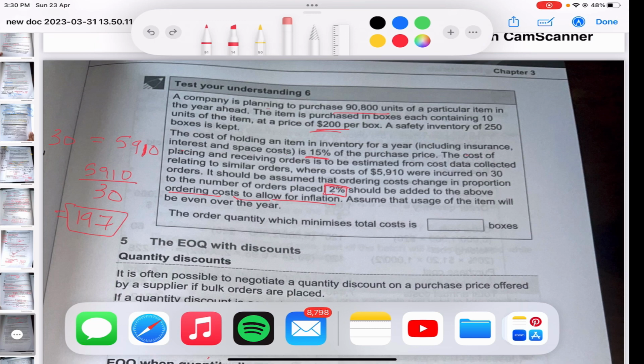Okay. So first let's find the cost of ordering one item. So the cost of one order would be 197, right? We found this. But we need to add the inflation, so that would be 2% more. So what is 2% of 197? 3.94.